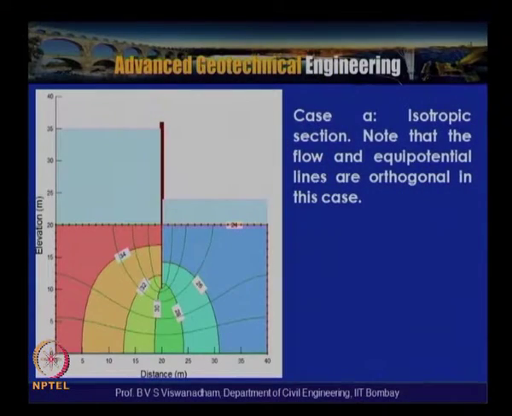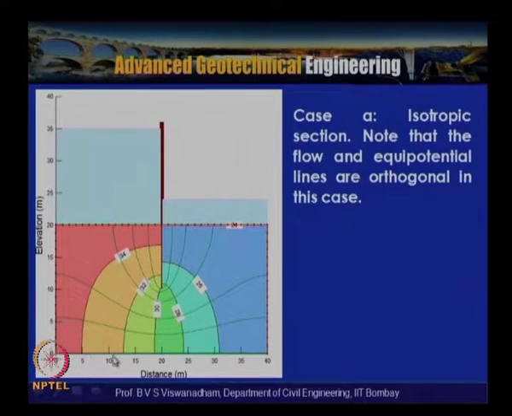So this is case A, the isotropic section. Here you can see the flow channels and flow net given by the SEEP/W program, and this is flow channel 1, 2, 3, 4, 5, and if you take this as 5.5, the number of flow channels involved is 5.5.